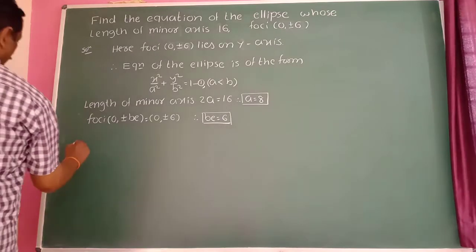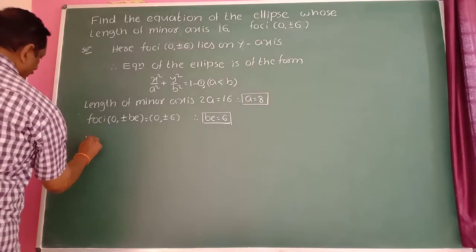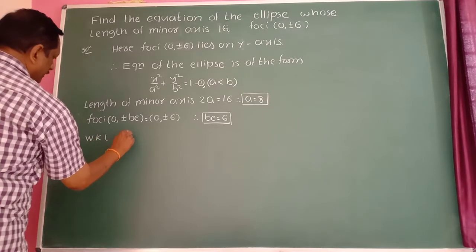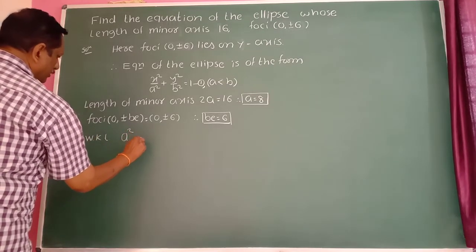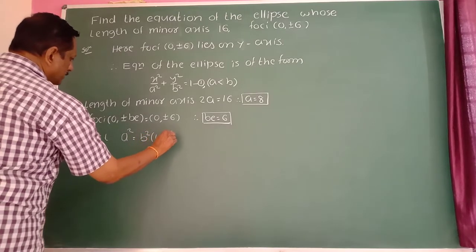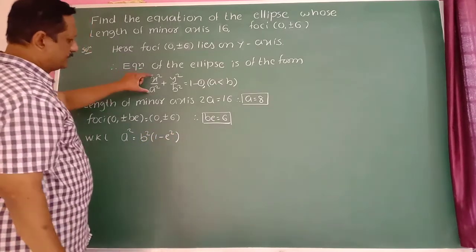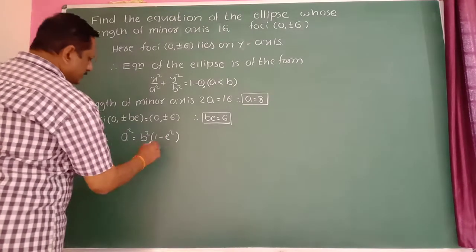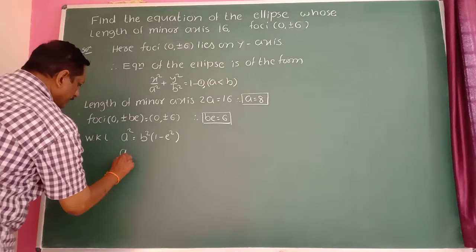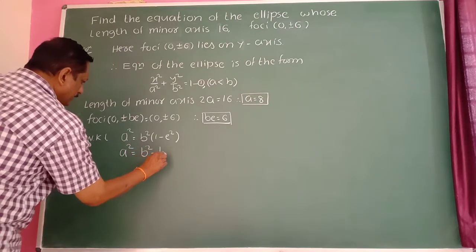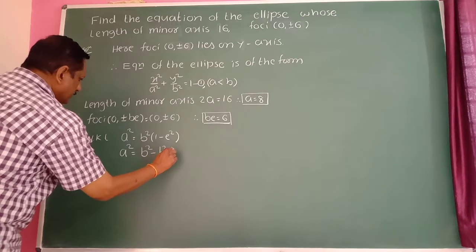Therefore, we know that a square is equal to b square into 1 minus e square. For this ellipse here, this is the formula. Take b square inside here. So a square is equal to b square minus b square e square here.